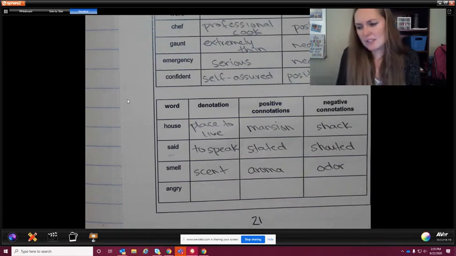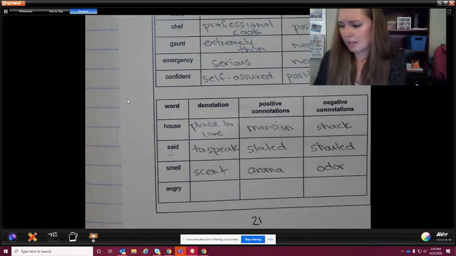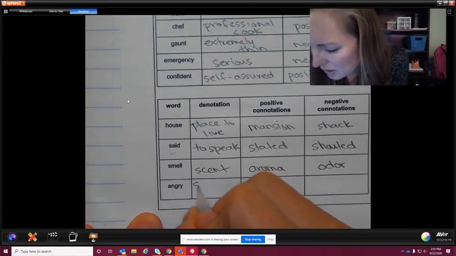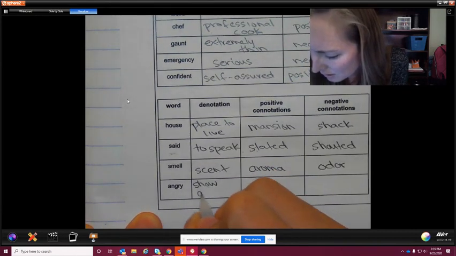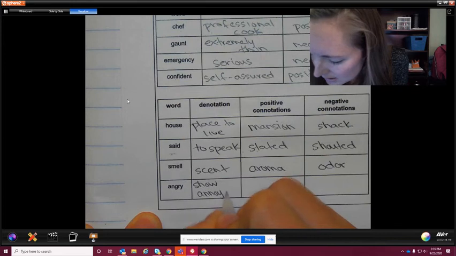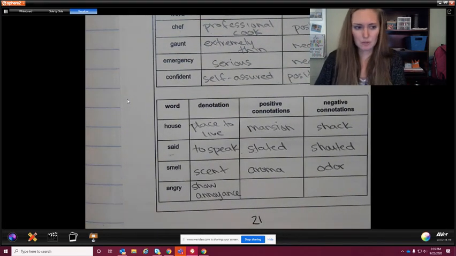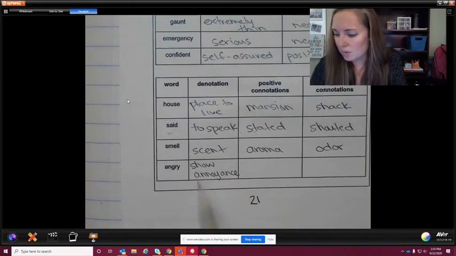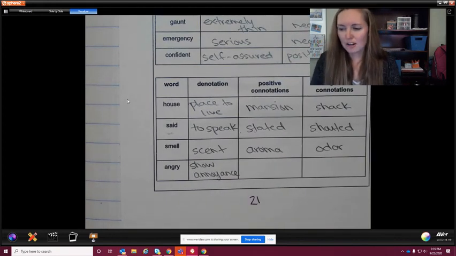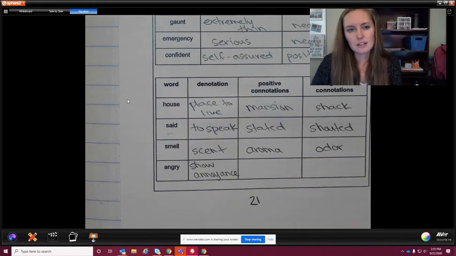Angry. This one's kind of a hard one. The denotation is it's just showing annoyance. So show annoyance. Again, I'm sorry, it's small. You can feel free to write down below. That's fine. To show annoyance of something. And this one's kind of a hard one to figure out if you have a positively connotated versus a negative.